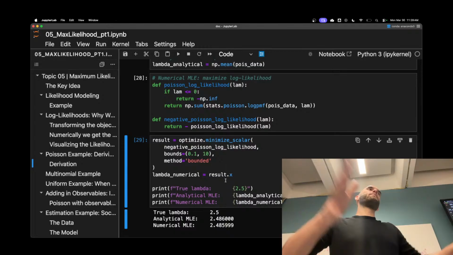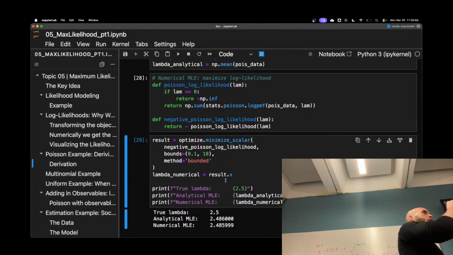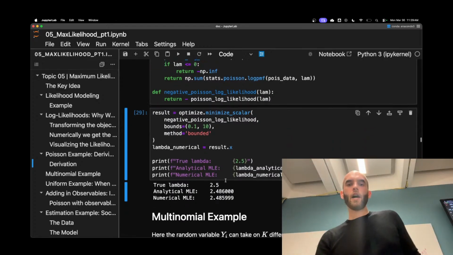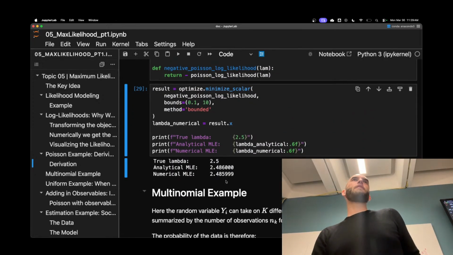So what does this tell us? Just like with the normal distribution, we can estimate single parameters using an analytical approach, or we can use the numerical approach that we've been developing. This is, again, a very simple example.